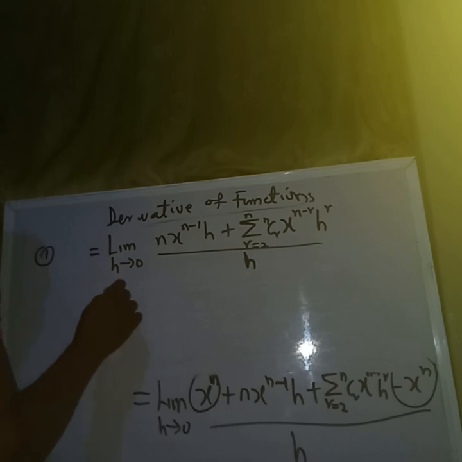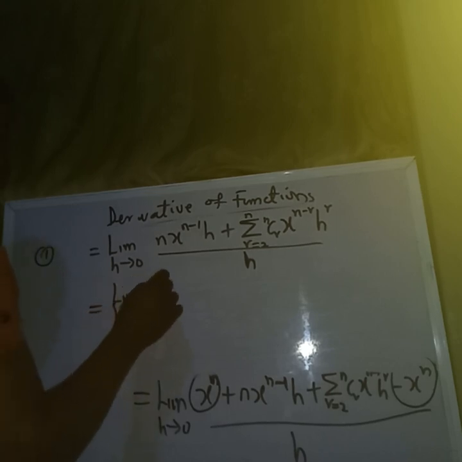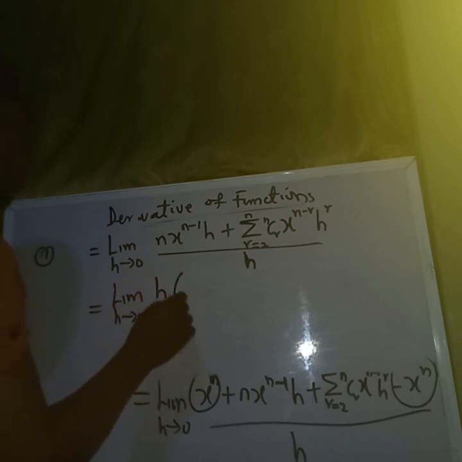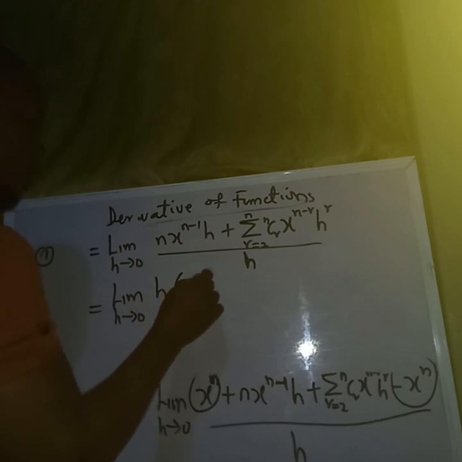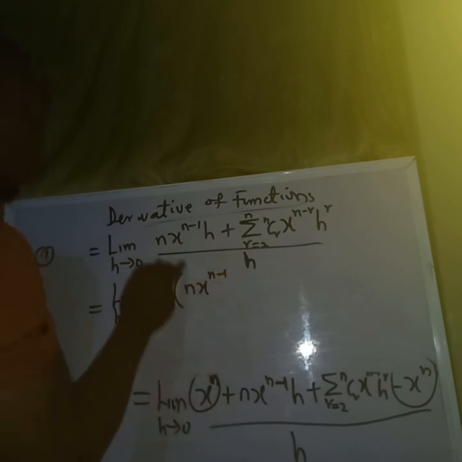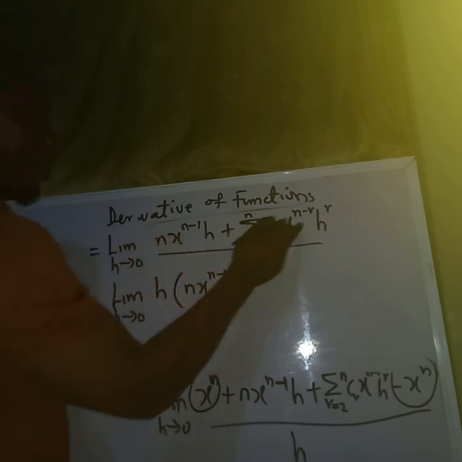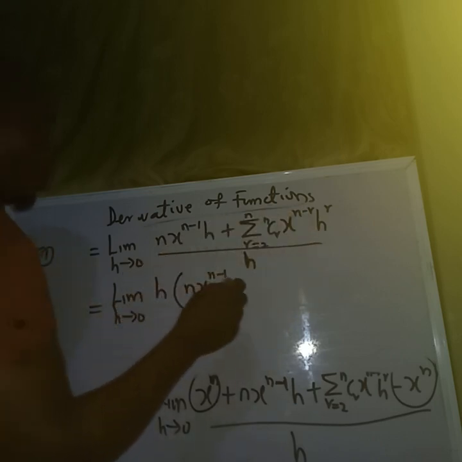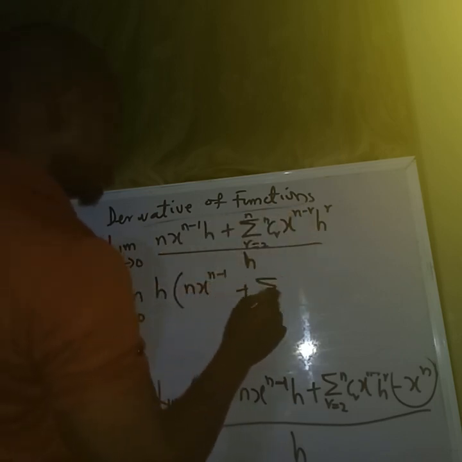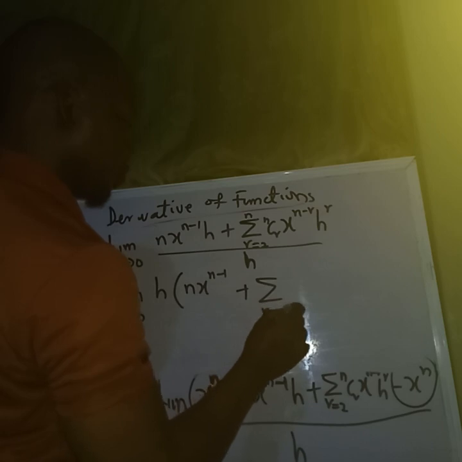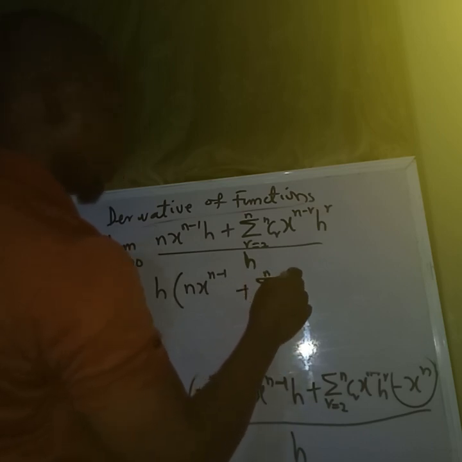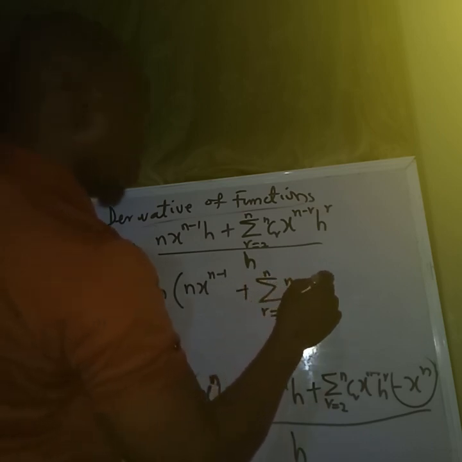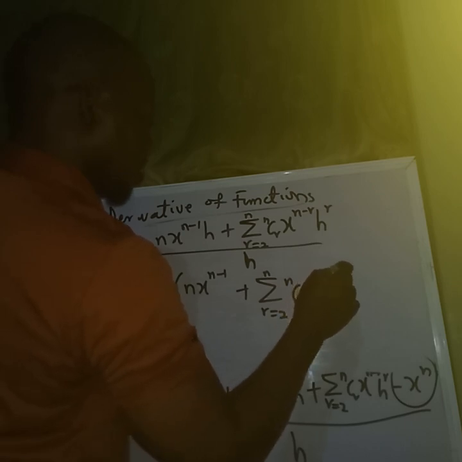And this will be equal to the limit as h tends to 0 of n x to the power of n minus 1. So we are factorizing h out. We are factoring one h out from here, and because of that, this will be the summation r equal to 2 to n, n combination r, x to the power of n minus r.